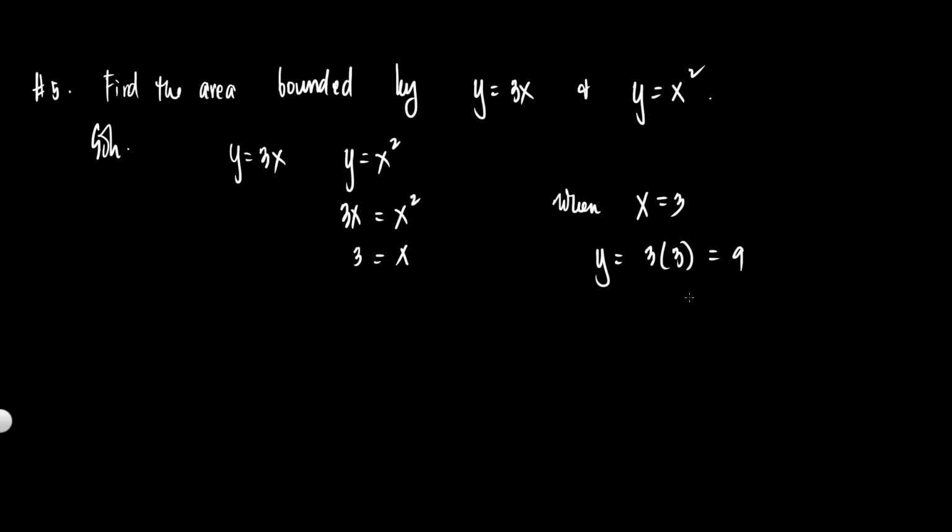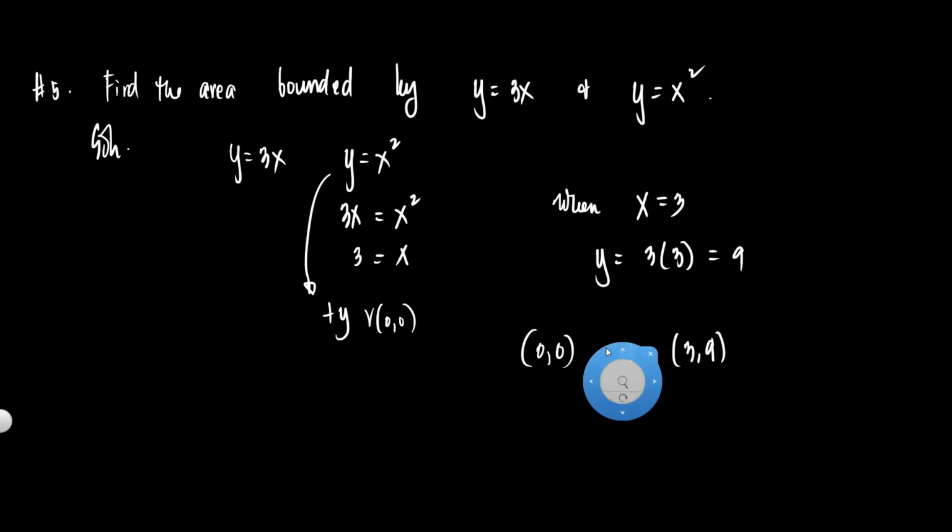Okay? And we know that this parabola opens upward, positive y, no? And the vertex is at 0, 0. Now, if x is 0 naman dito, y is 0. So we can say that the intersection is at 0, 0 and 3, 9.